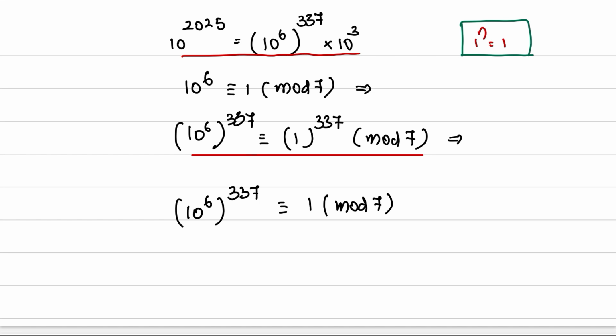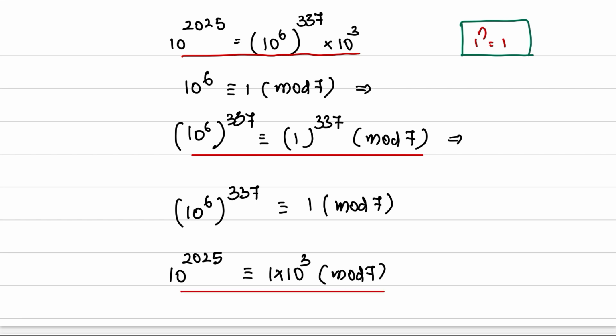Hence, 10 to the power of 2025, sorry, not 225, it is 2025, is equivalent to this 1 into 10 cube, 1 into 10 cube mod 7. Please see this. This step is also very crucial.